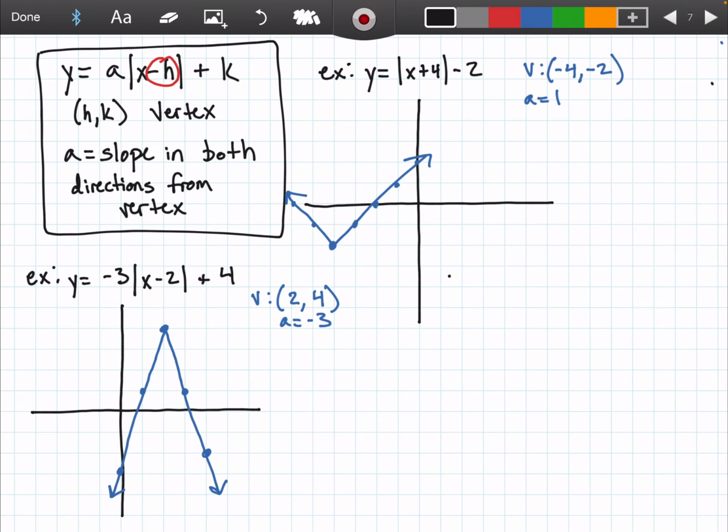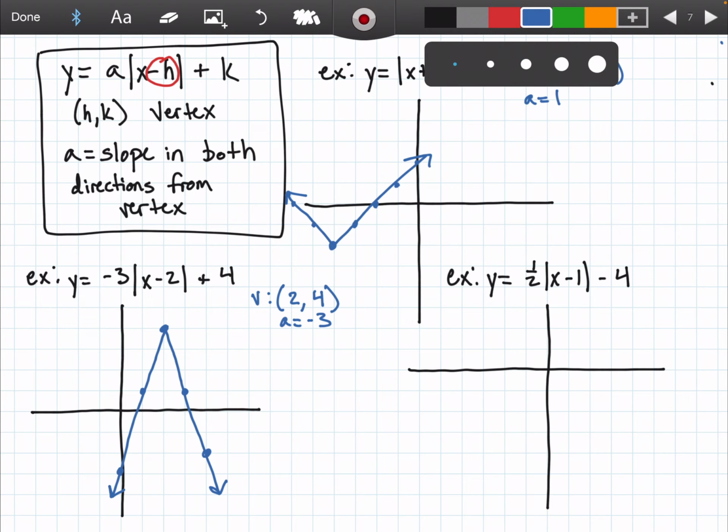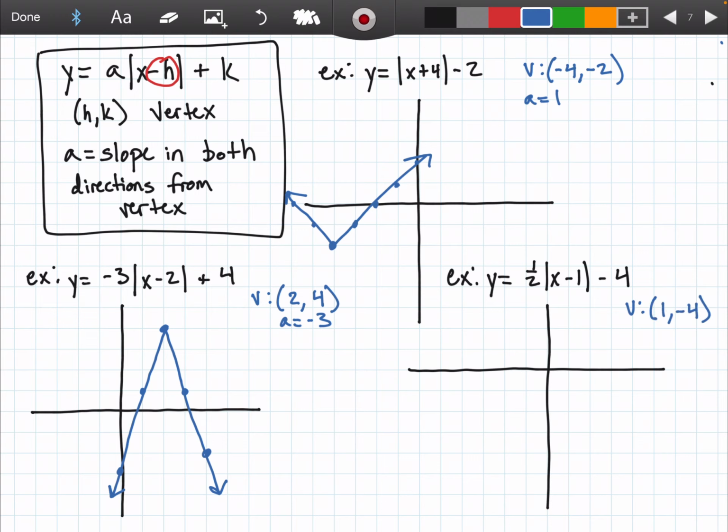One more example. Vertex is at (1, -4), pause: 1, 2, 3, 4.